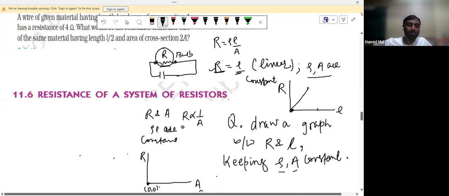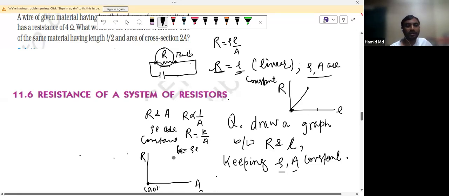So how will we draw this graph? If I write it, R is some constant K over A, where K is what? These two constants in terms of rho and L. We have to be very careful if we are assigning some value, where K is equal to rho into L, right?